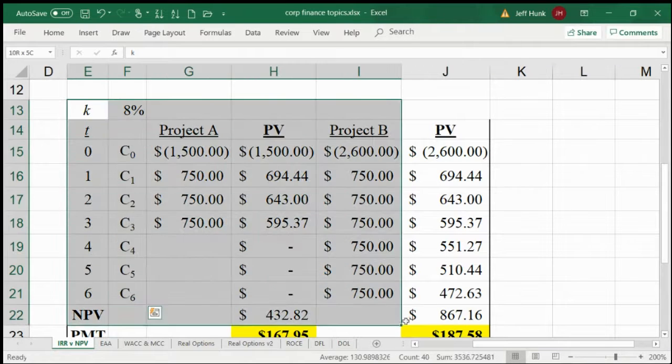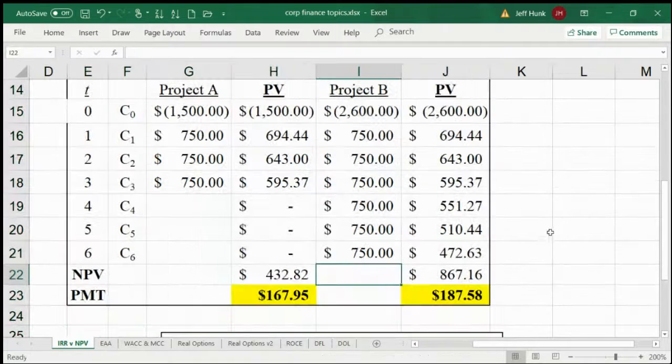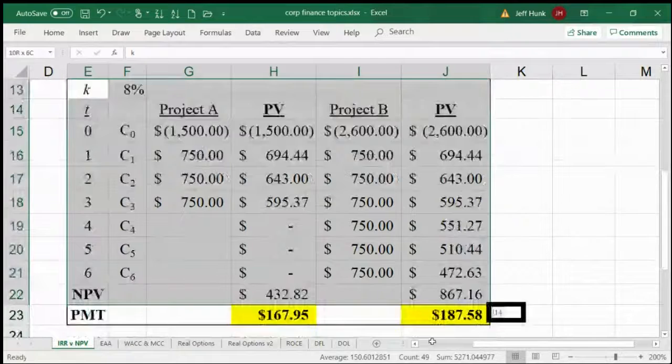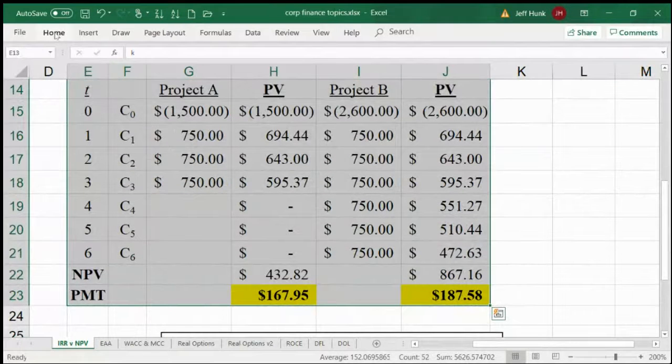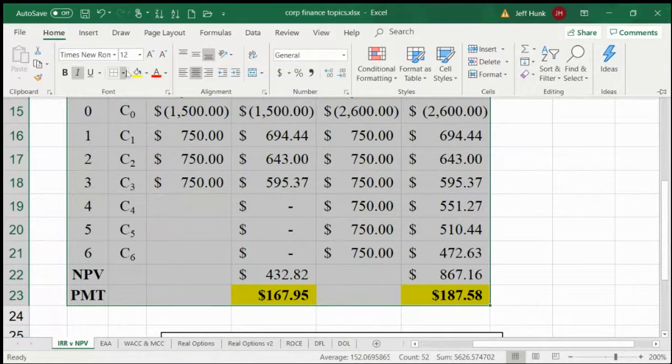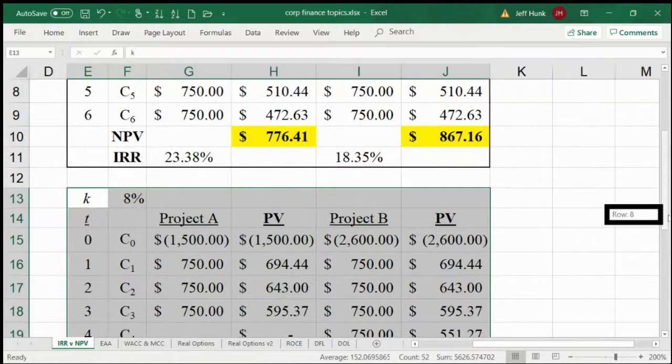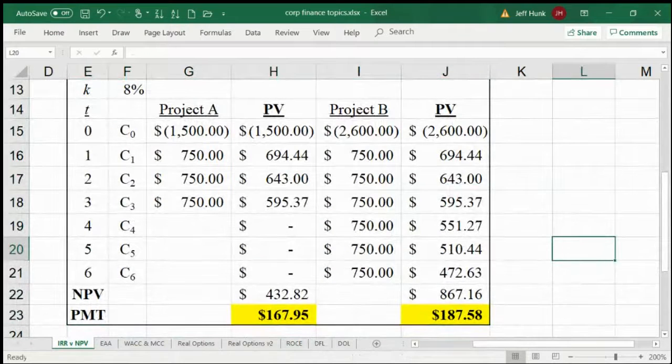Yeah, let me put it in there and put a nice thick border line around it.